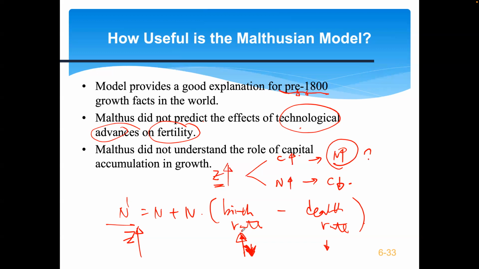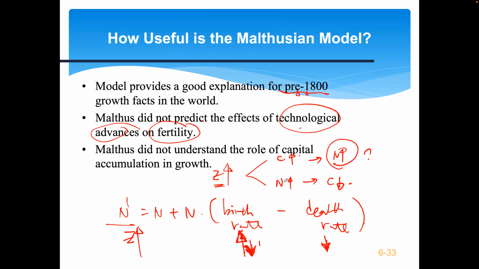It could be two things. Number one, the birth rate increases, but not much, or even decreases. Number two, the technology increase will significantly decrease the death rate. So that's going to change the equation.